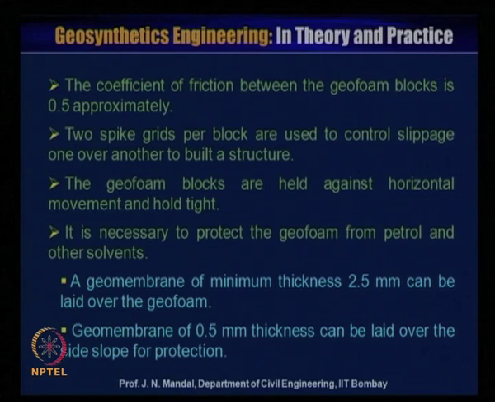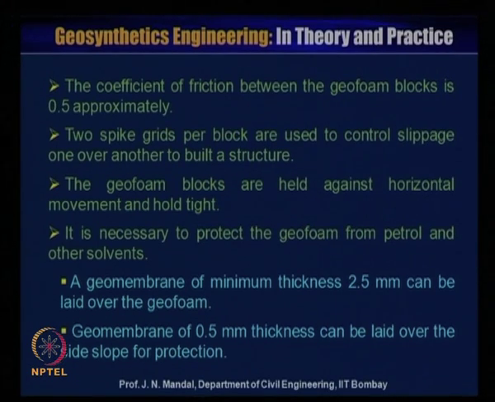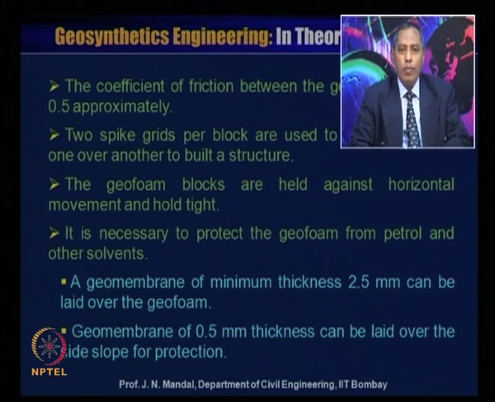The coefficient of friction between the geofoam blocks is approximately 0.5. Two spike connectors per block are used to control the slippage of one over another to build a structure. The geofoam blocks are held against horizontal movement and held tight.